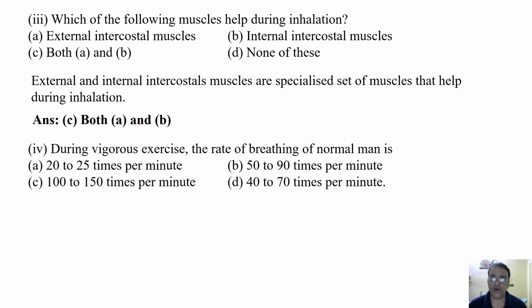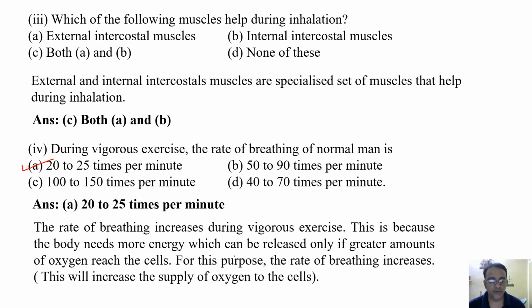This is because the body needs more energy, which can be released only if a greater amount of oxygen reaches the cells. For this purpose, the rate of breathing increases. This will increase the supply of oxygen to all cells. Okay. So the correct answer is 20 to 25 times per minute.